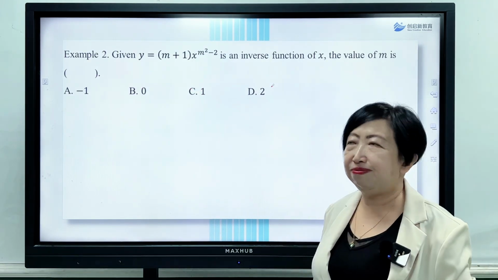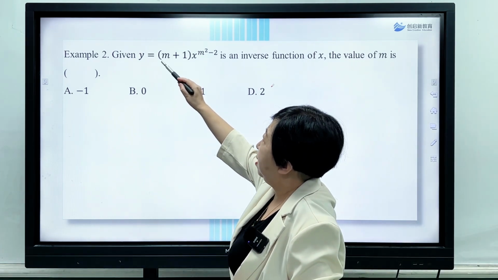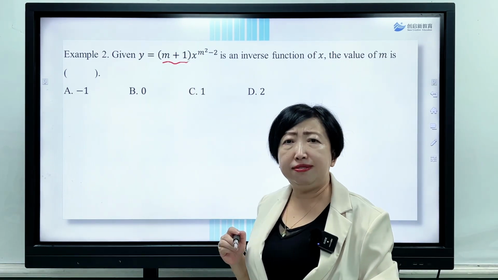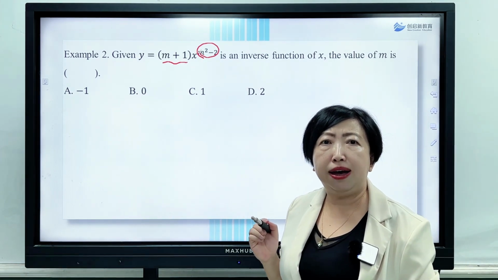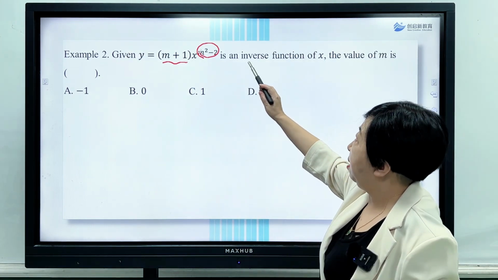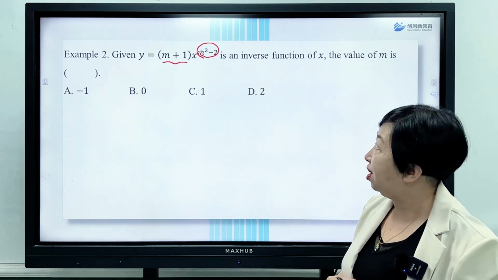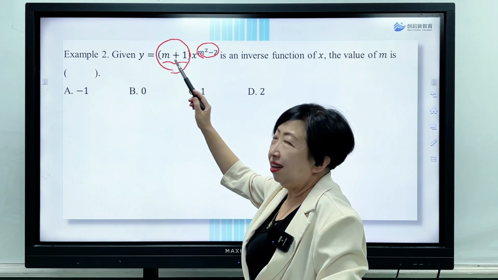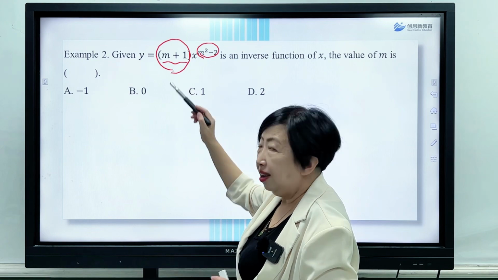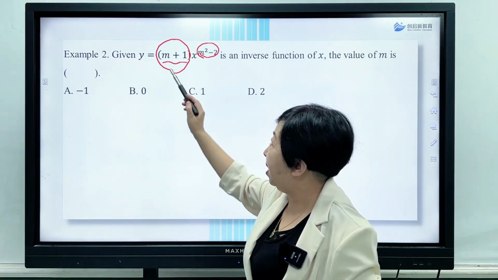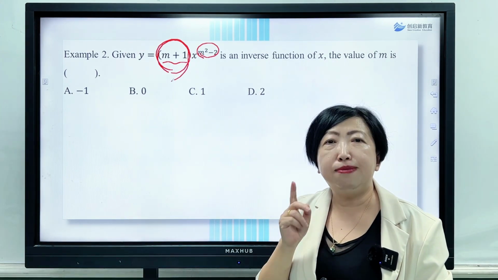Let's go on. Example 2. Given y equals (m plus 1) times x to the power of m squared minus 2, it's an inverse function of x. What is the value of m? We know that for the inverse proportional function, k is not 0, and the coefficient must be 1.